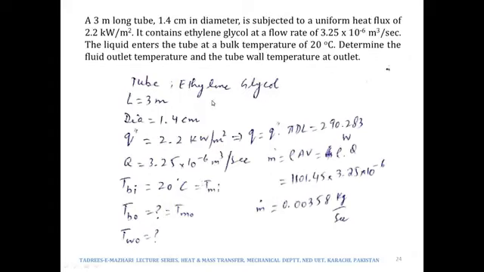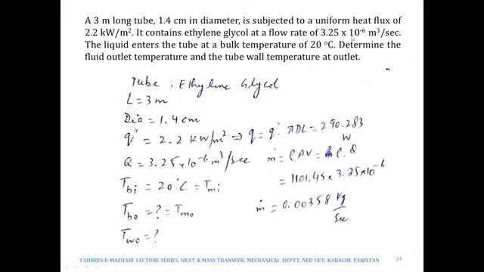So when the fluid enters the tube, it is at a mean temperature of 20 degrees Celsius. Determine the fluid outlet temperature. So we have to find out the temperature of the fluid at pipe exit, so it would be Tm0. This is the unknown, and the tube wall temperature at outlet. So wall temperature at outlet, we may call it Tw0 or we may call it Ts0.